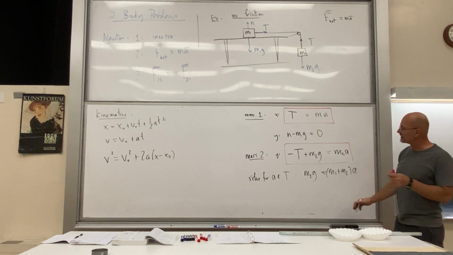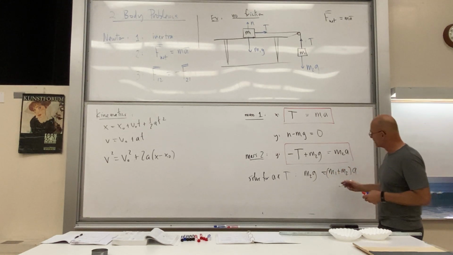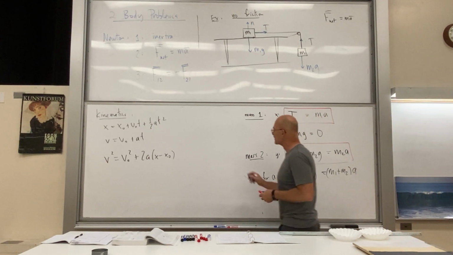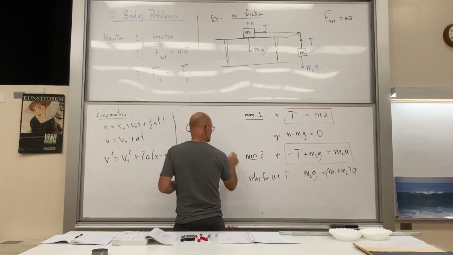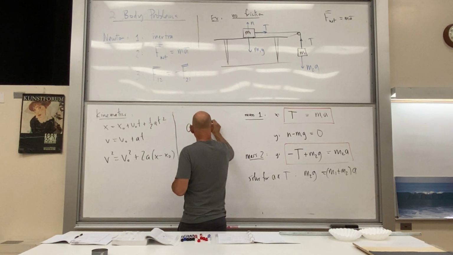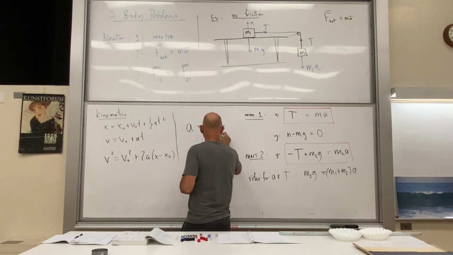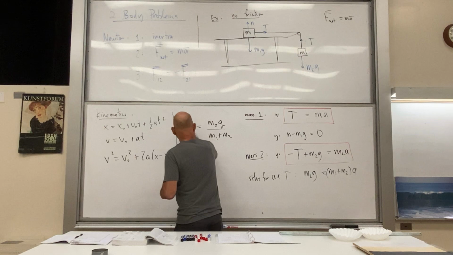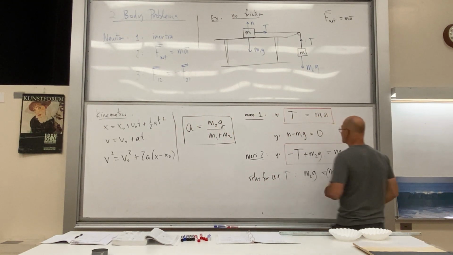Leave room in your notes. If you don't see this, leave room and do it. Very crucial. So the acceleration, I'll bring this over to here now. We get acceleration equals M2g divided by M1 plus M2. One result. And what about the tension?